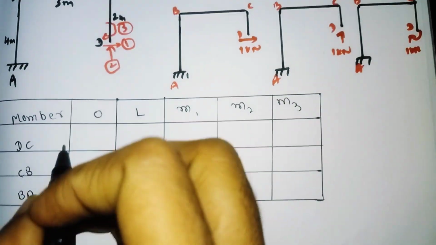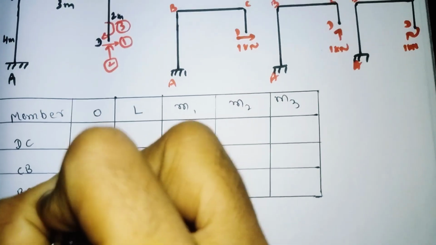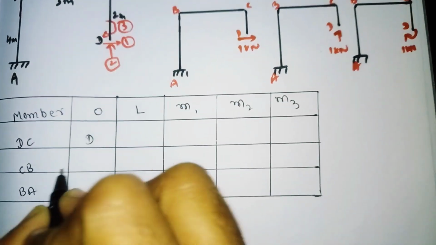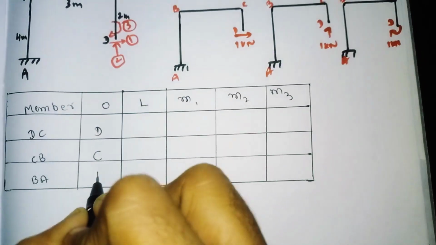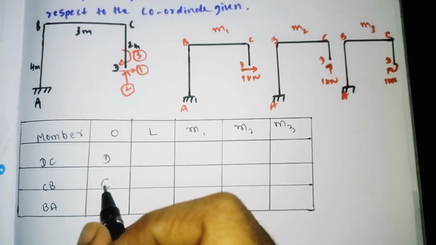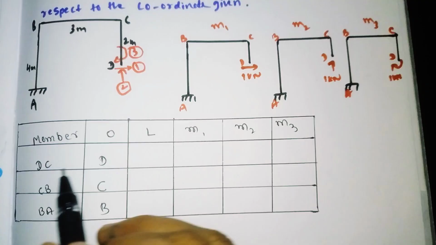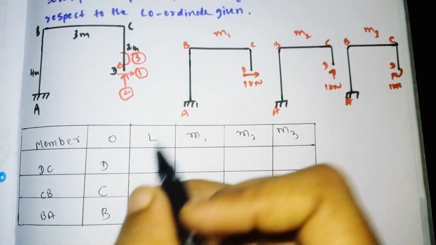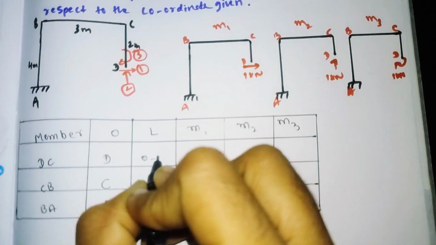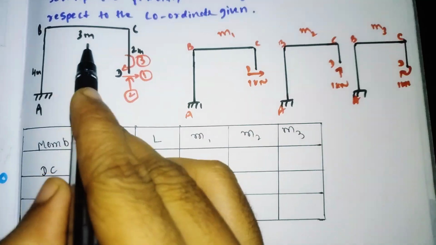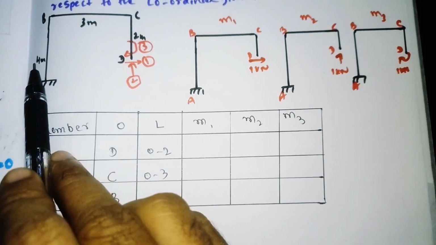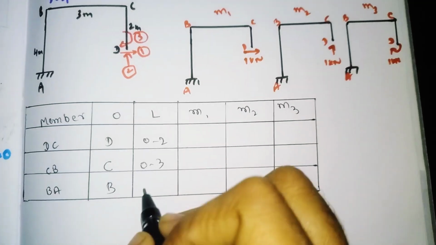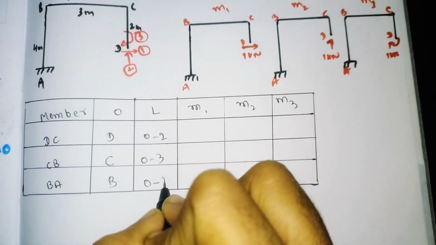Origin for DC is D, for CB is C, for BA is B. So the limit is, for DC we have 2 meter, so 0 to 2. For CB we have 3 meter, so the limit is 0 to 3. For BA we have a distance of 4 meter, so our limit is 0 to 4.